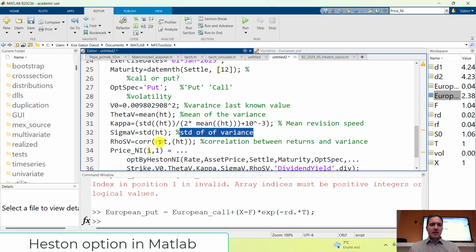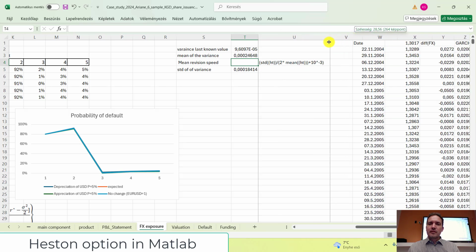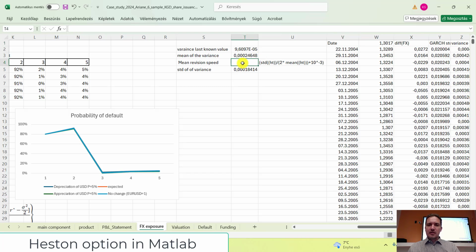So standard deviation of the variance is provided, and after that, okay, let's copy it. It will be really long. So standard deviation of the variance divided by 2 multiplied by the mean of the variance and plus a small number, 0.001.